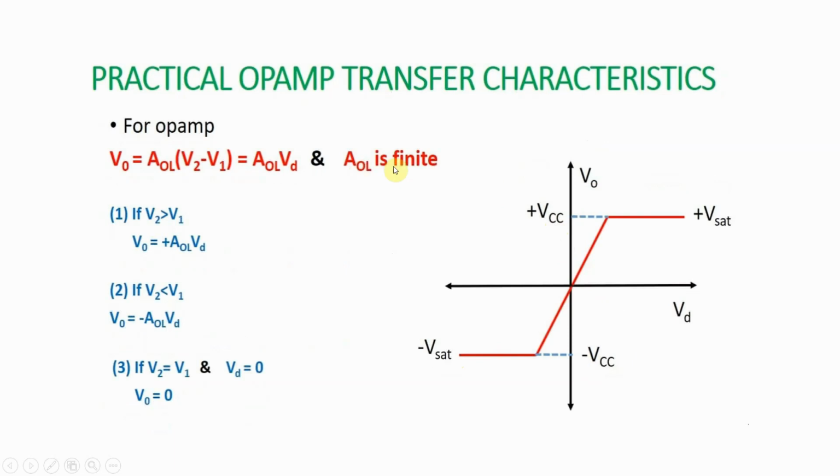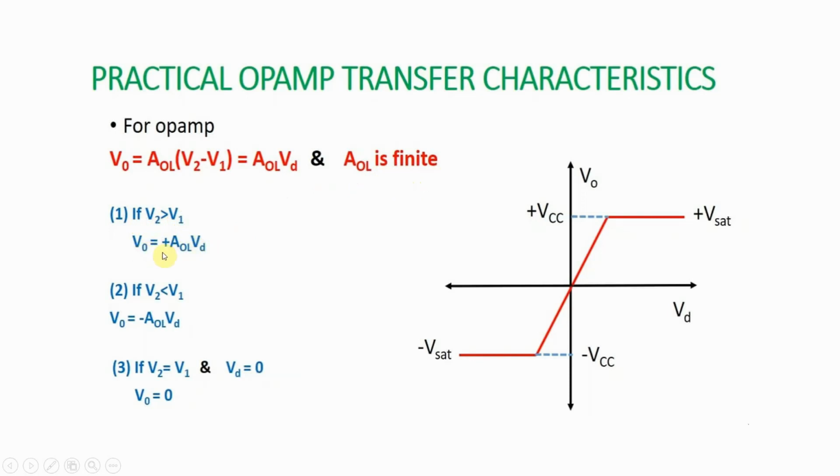Then the practical op-amp transfer characteristic. In this case, consider AOL is finite, meaning it has some value. First condition, if V2 is greater than V1, the non-inverting quantity is greater than the inverting quantity, then V0 is equal to plus gain into the differential input voltage.